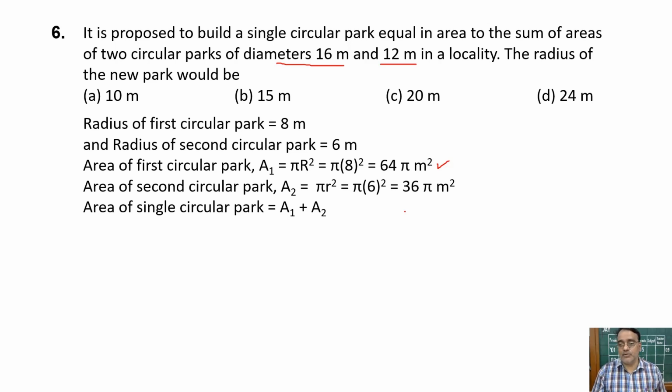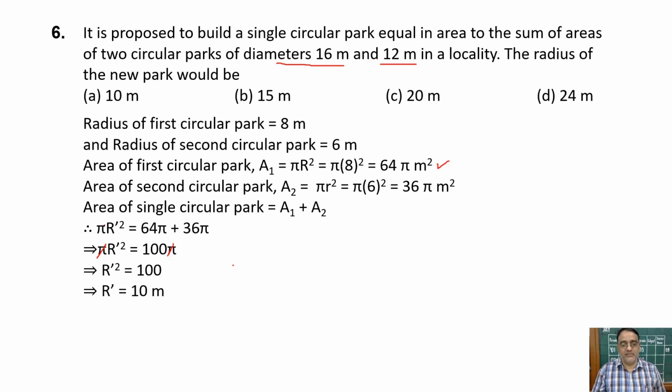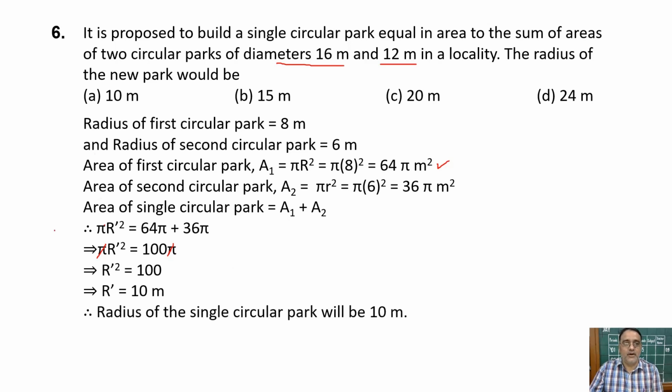R यहाँ पे हम लोग r dash ले लेंगे. Right? अब सबको हम लोग divide करेंगे pi से. If we divide all by pi, so we'll get r dash square is equals to 100. So what is the value of r dash? 10. 10, right. So which option is the correct one? Option A. Option A, right. So this is the correct option.